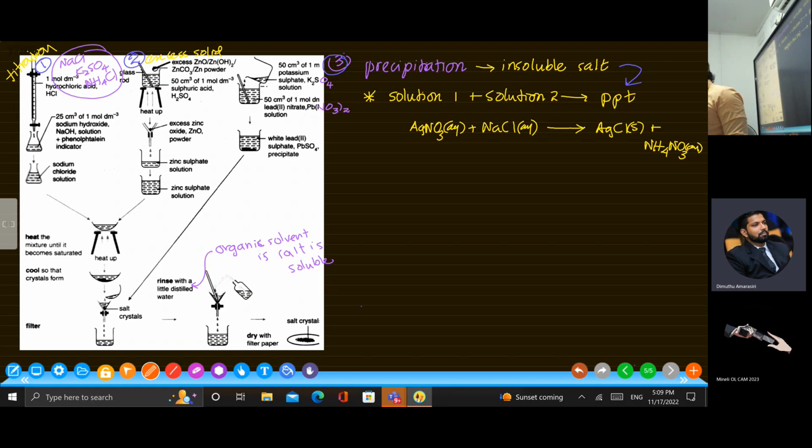Sulfates වල solubility එක මොකක්ද? Sulfates are soluble except for what? Barium and lead. ඒතකොට nickel sulfate soluble insoluble? Soluble. ඒතකොට precipitation method use කරන්න පුළුවන්ද? බෑ. එහෙනම් මොකද්ද use කරන්න ඕනේ? Excess solid definitely. මොකද ඒක group 1 salt එකක් නෙමෙයිනේ.